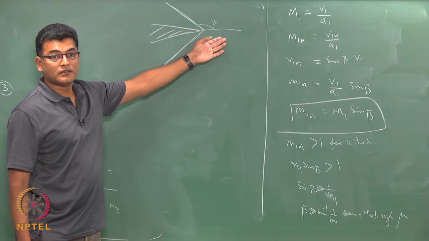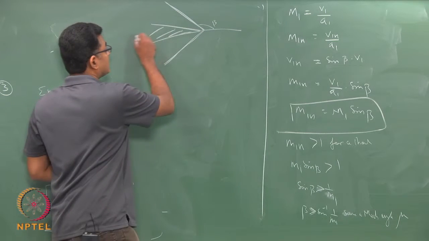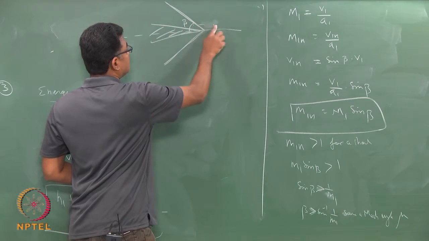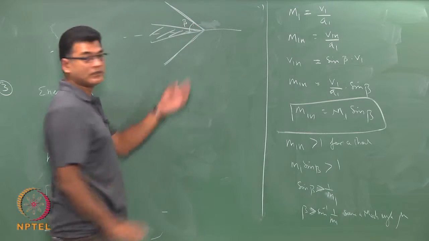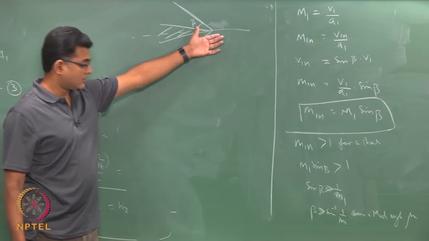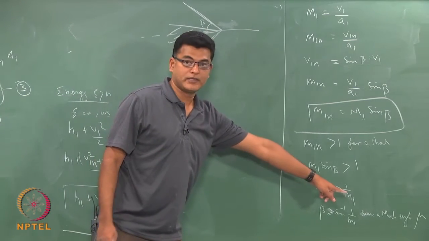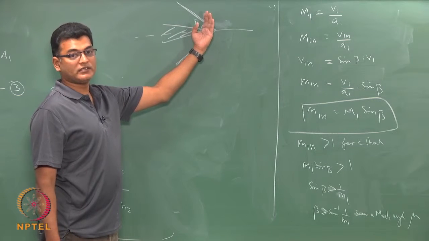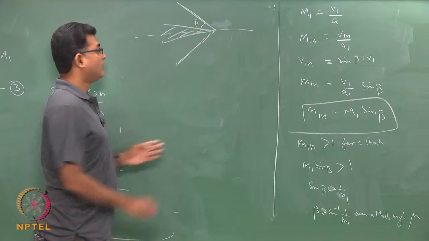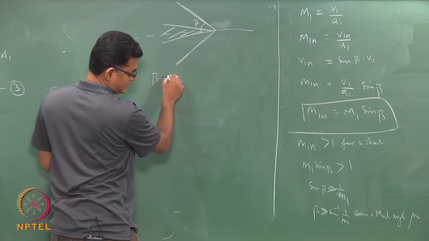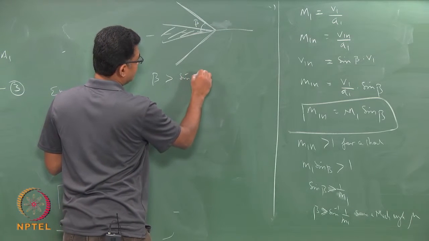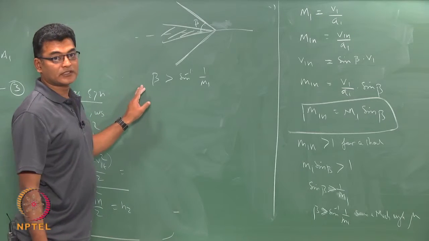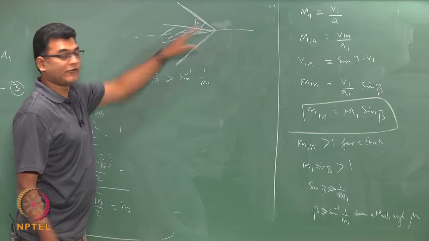This would be my beta. So, this beta has a limiting value of my Mach angle. I cannot have a beta smaller than my Mach angle. So, beta should be greater than sin inverse 1 by M1.